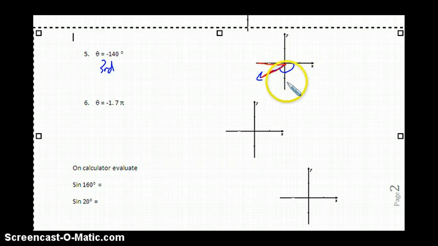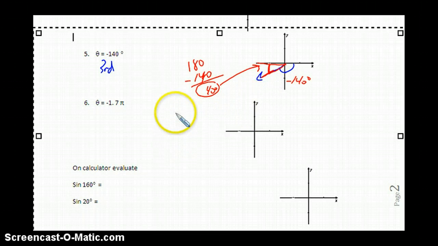So if this angle is negative 140 degrees, really the measure is 140, the direction is negative. How much further would I have to go to get to 180? Well, this distance right here should be 180 minus 140, not minus negative 140. And I'd find that my reference angle would be 40 degrees. So remember that it has to be a positive acute angle, not negative, but positive.